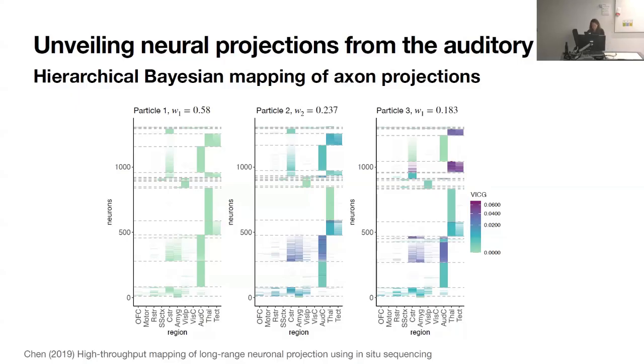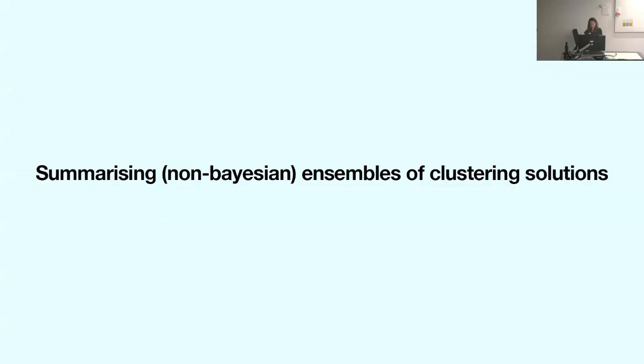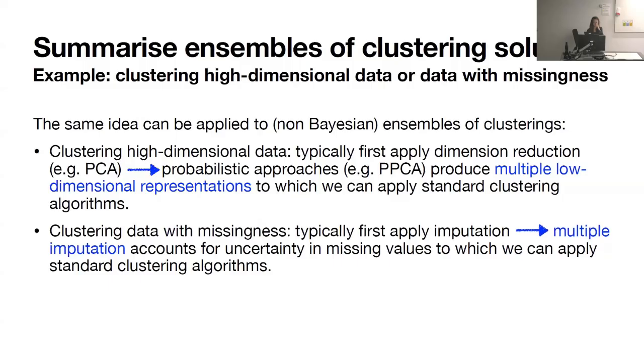Okay. So I think maybe in the interest of time, I'm going to skip this. This was just about using this beyond the Bayesian setting when we're uncertain in the data itself. For example, with high dimensional data, standard pipelines just project the data down to a lower dimensional space first, and then do clustering on that space.